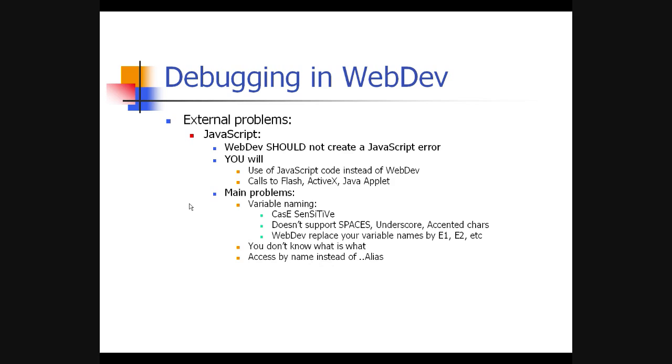The first thing that you should always do when you're working on variable fields and so on is use the .alias property. This .alias is E1, E2, and so on. You should never do anything in a JavaScript code on a variable name or on a field name, always on the alias. If you access by name, you will get an error.